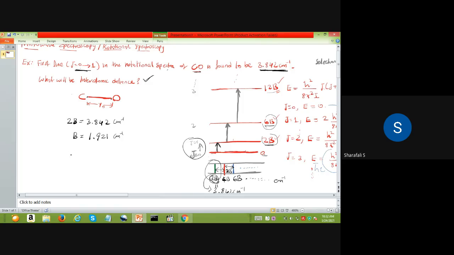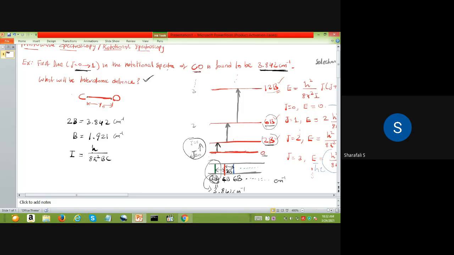Now, what is this moment of inertia? I can write B equal to h by 8 pi square I c. So if you take I to the other side, then I can write I equal to h by 8 pi square B c. Now this h by 8 pi square c is constant.